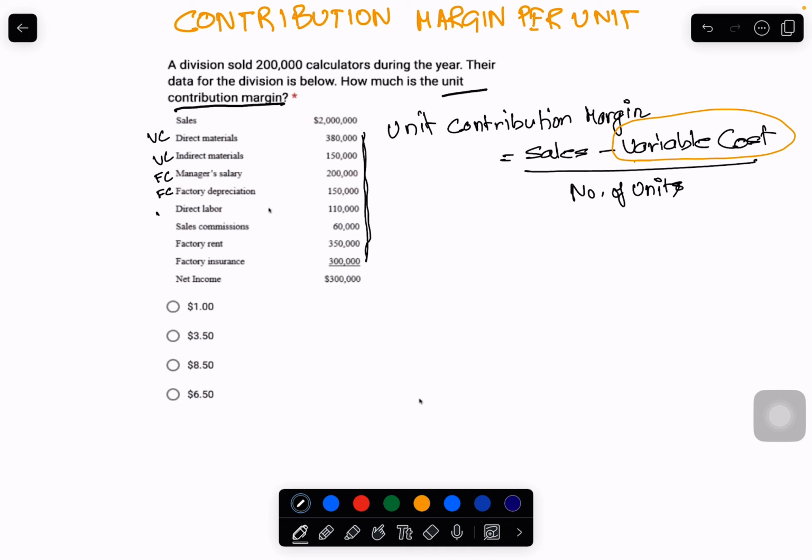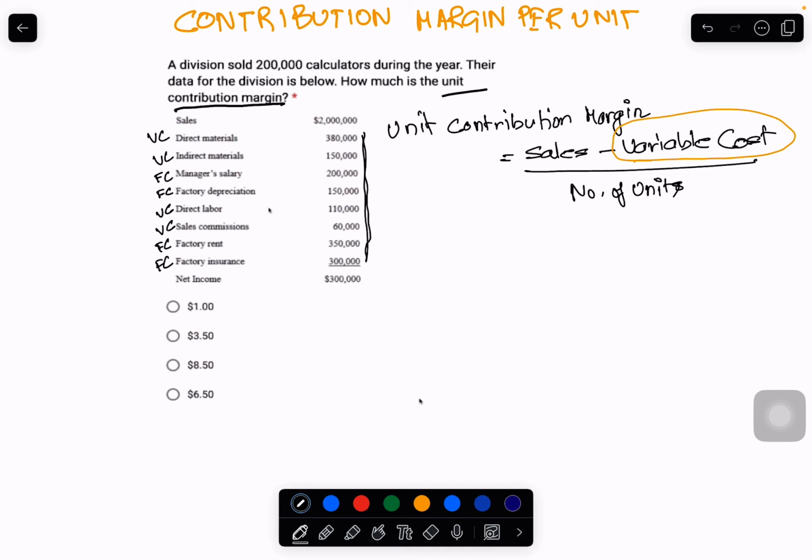Direct labor is a variable cost because it depends upon how many units we are producing. Sales commission is a variable cost. Factory rent again is a fixed cost. It will be incurred irrespective of what we sell.